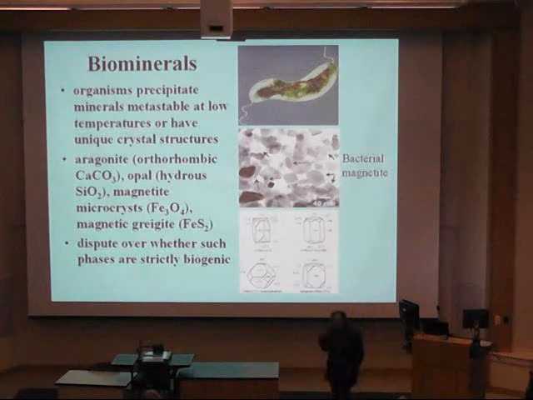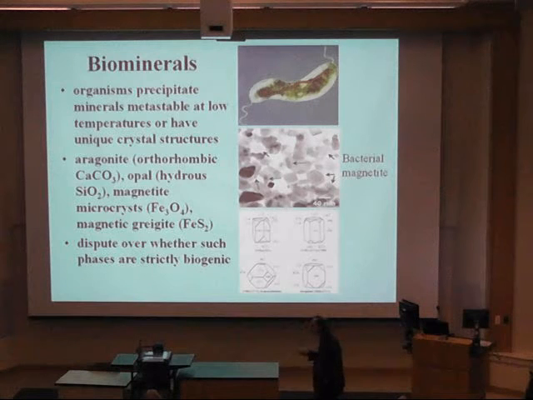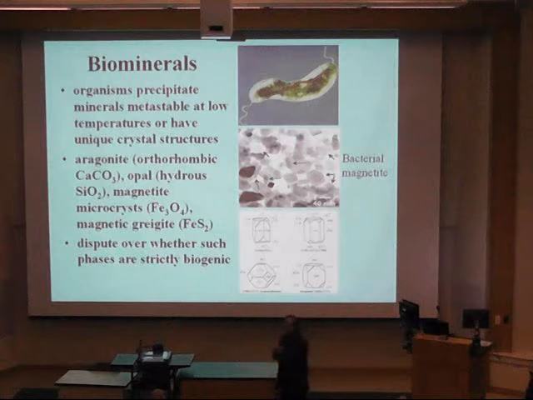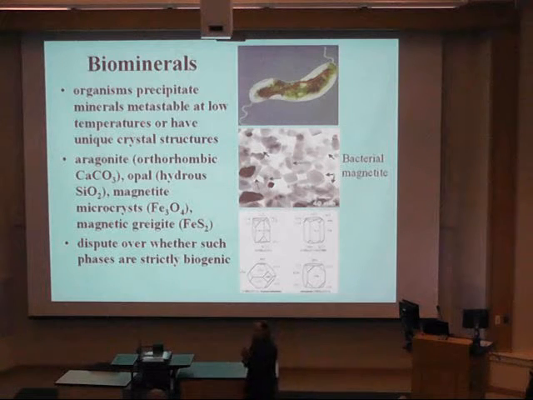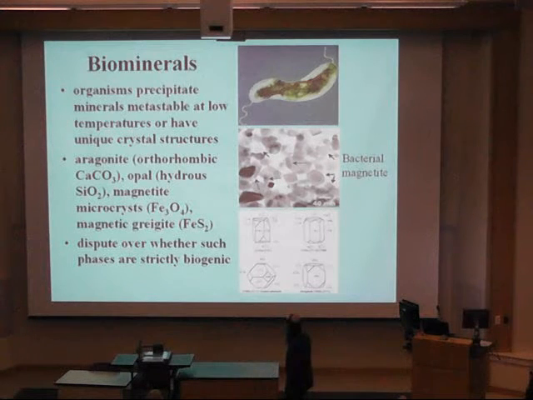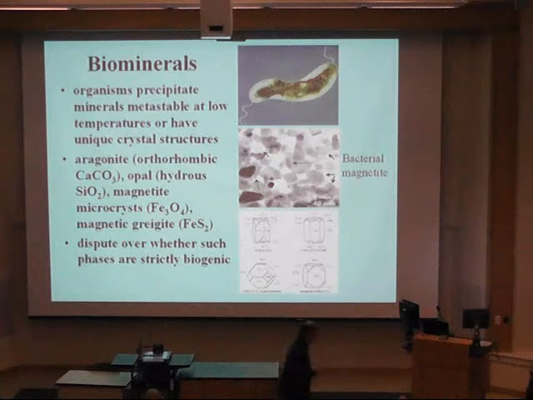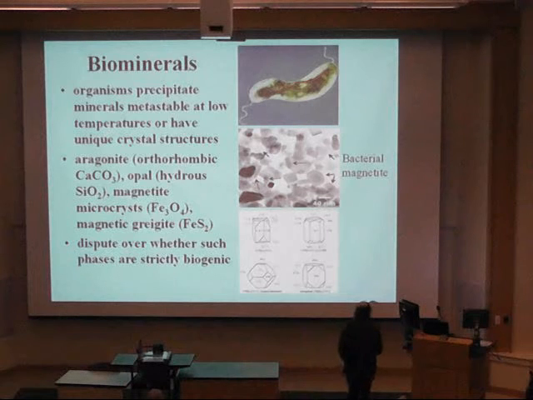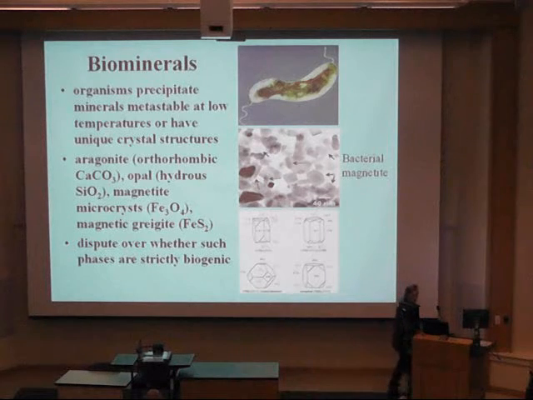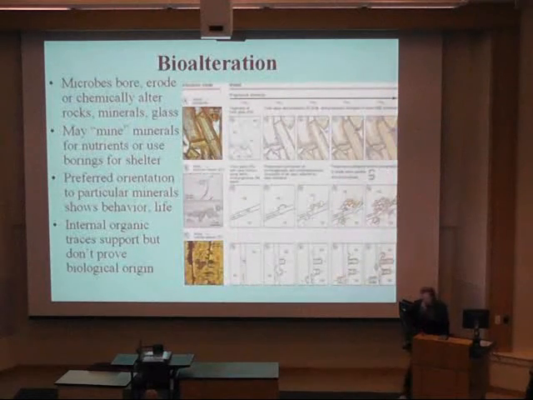We're not going to talk about these any further because they haven't been found in really ancient rocks, but it's worth noting that the only possible evidence for past life on Mars that we have is these sorts of magnetite crystals in a Martian meteorite. It still cannot be disproved that the magnetite microcrystals in the Martian meteorite ALH 84001 are biological. It's the only possible evidence we have for past life on Mars.